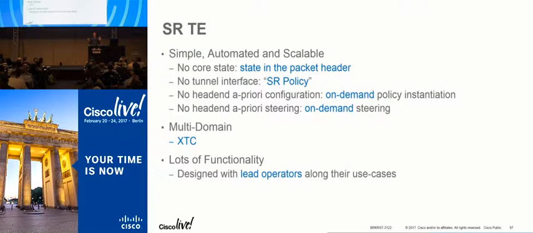Finished the full mesh of tunnels. This is through on-demand generation of policies based on your BGP colors, your LISP colors, and then on-demand steering on these policies. The same piece of code can be run virtualized and give you the multi-domain applicability.